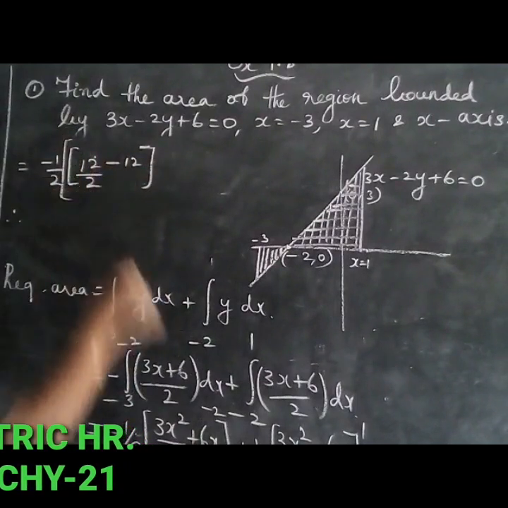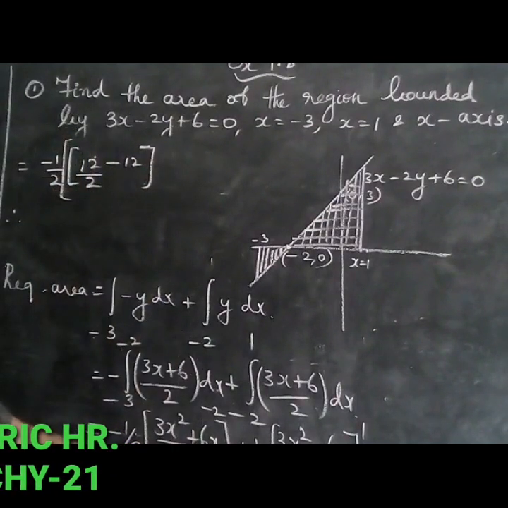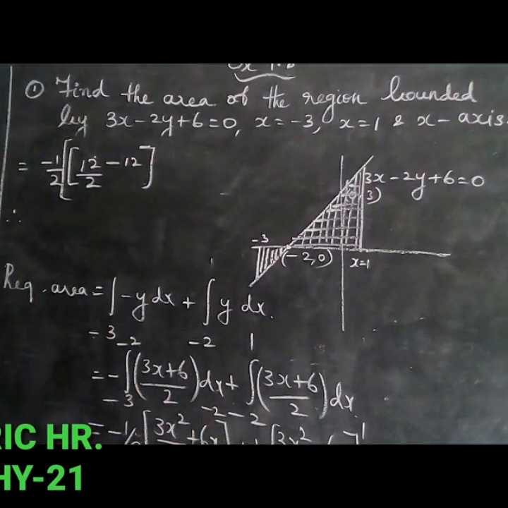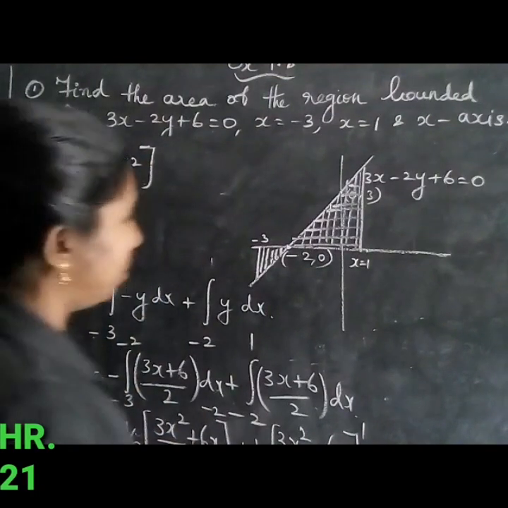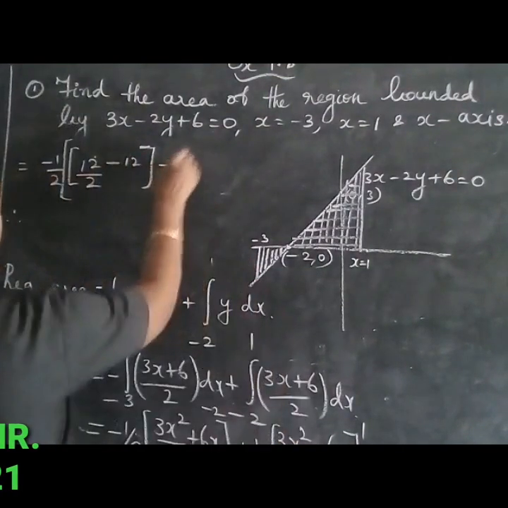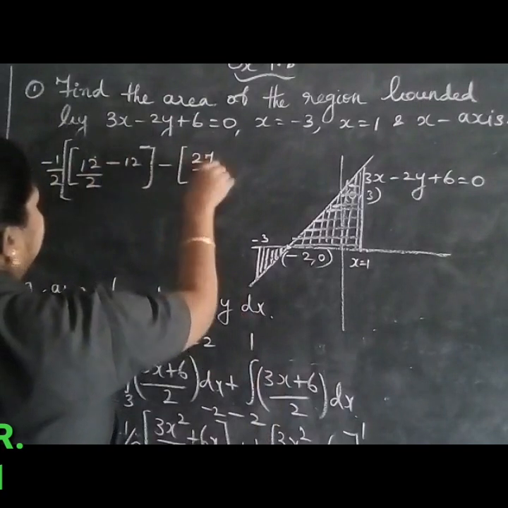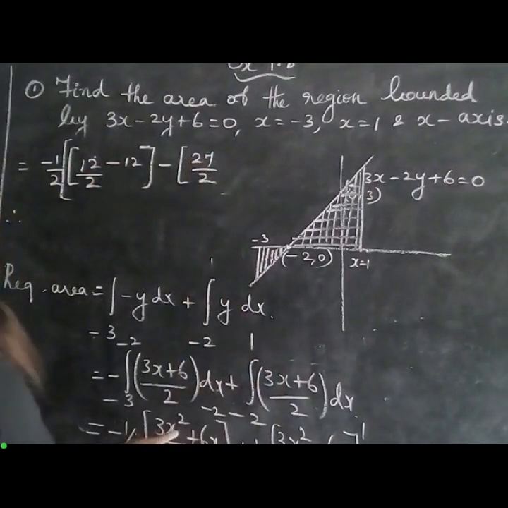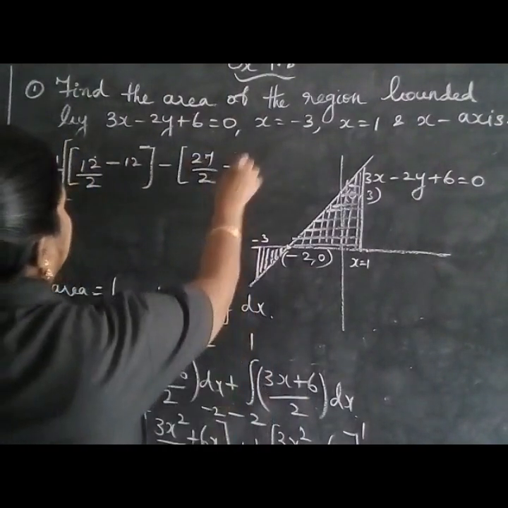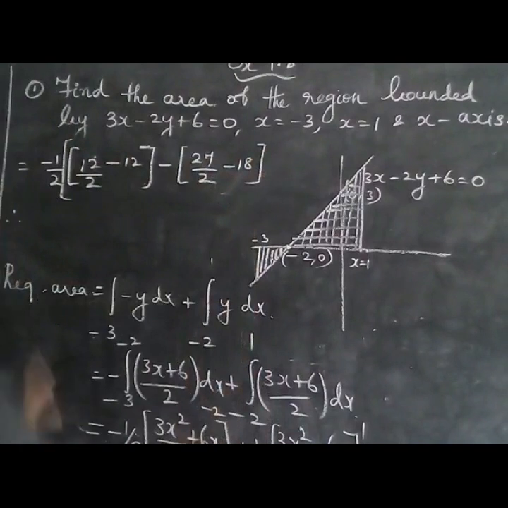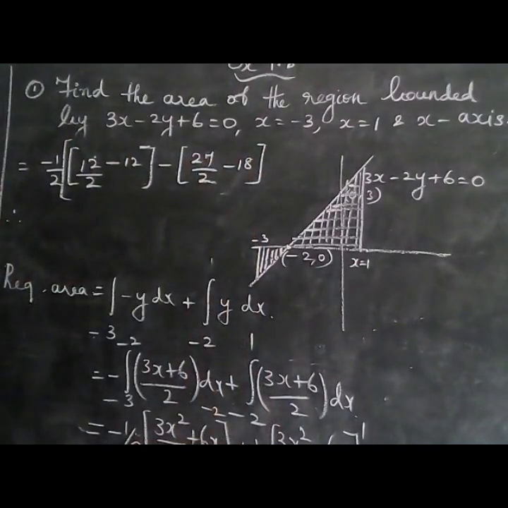This 1 by 2 is common for the lower limit also. When you are substituting the lower limit, we have to write minus of the lower limit, substituting minus 3. So minus 27 by 2, 3 into 9. Then the second part we will get 6 into minus 3, minus 18. This is for the first integral.